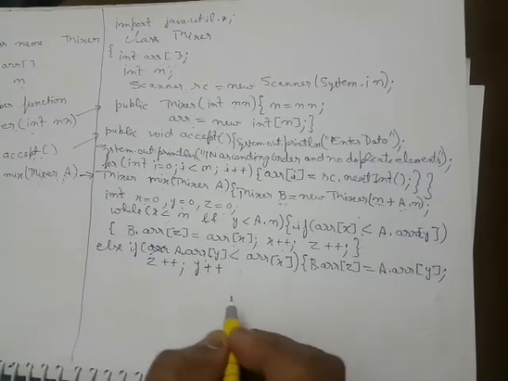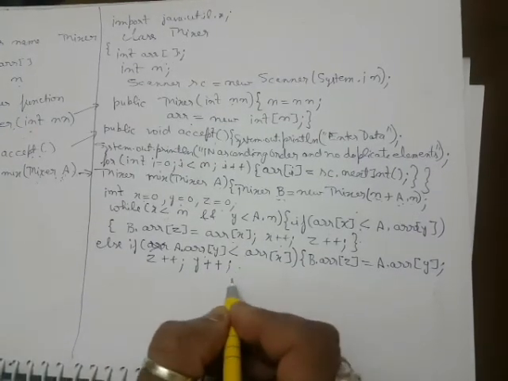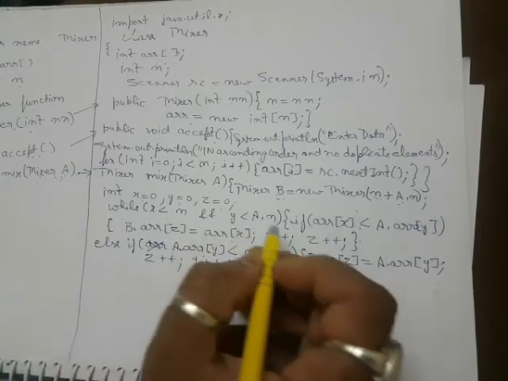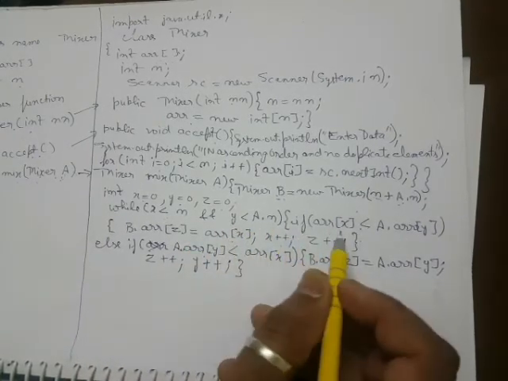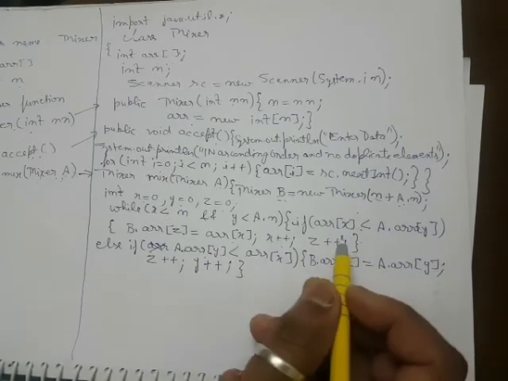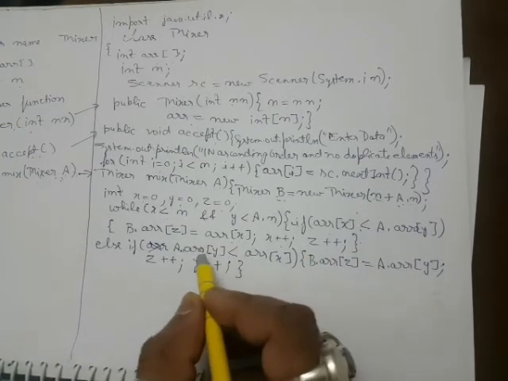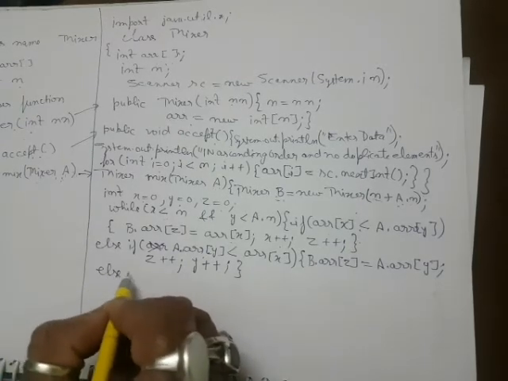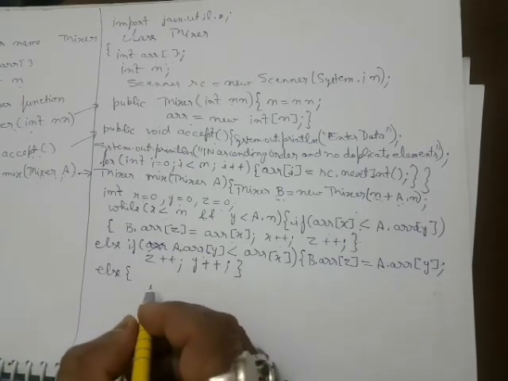Alright. So this is done. If they are not, meaning they are equal, neither this one is lesser nor that one is lesser, so what do we do? We put else.